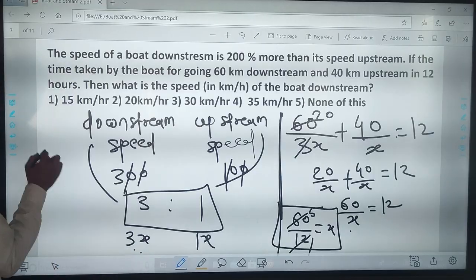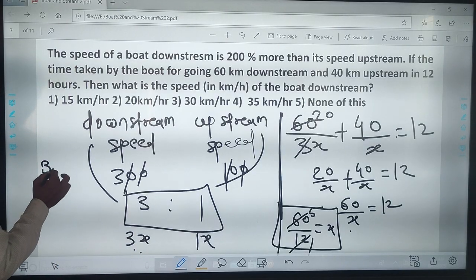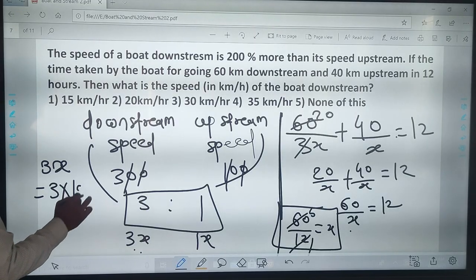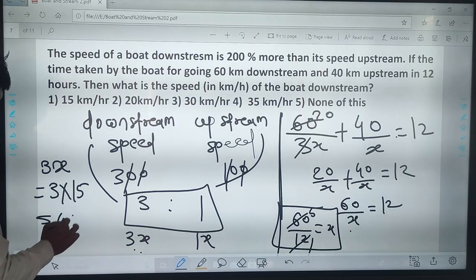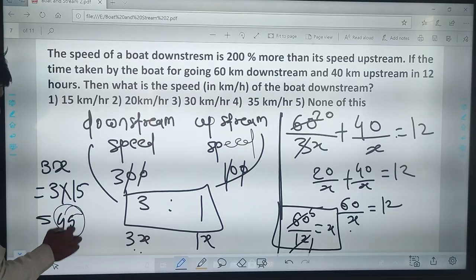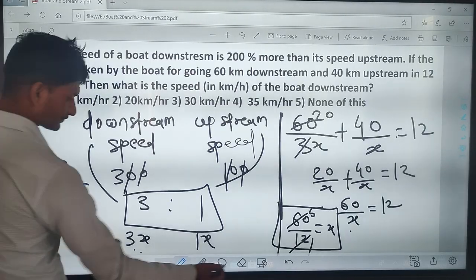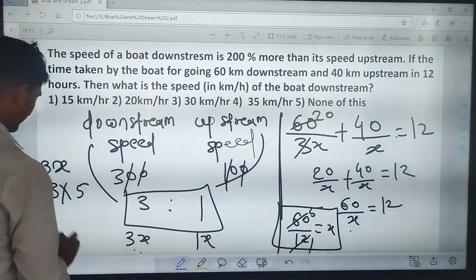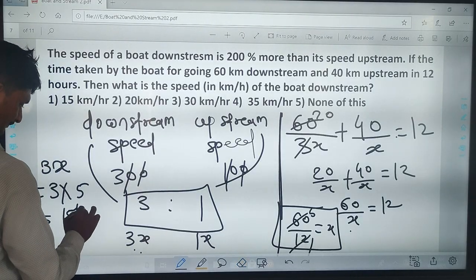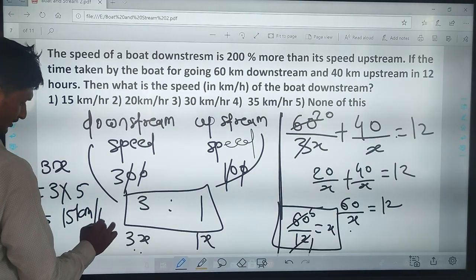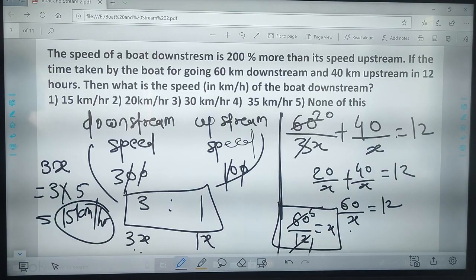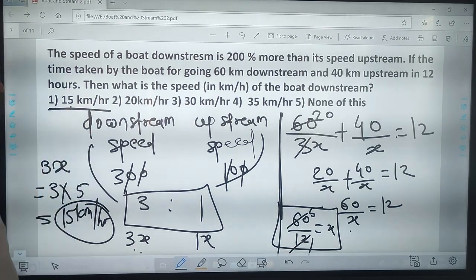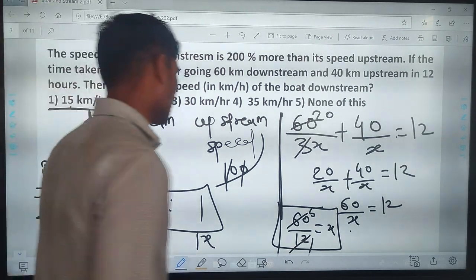Downstream speed is 3x, so 3 into 5, which is 15 km per hour. Your downstream speed is 15 km per hour.